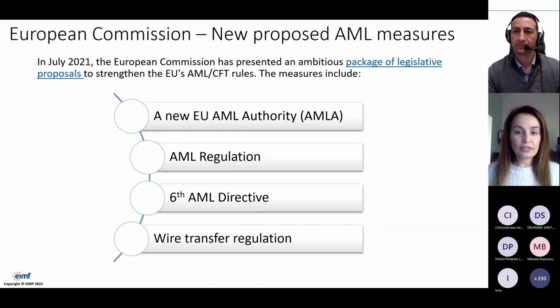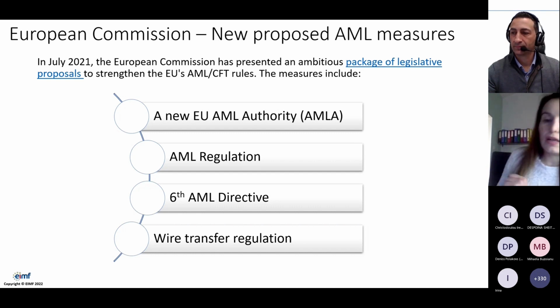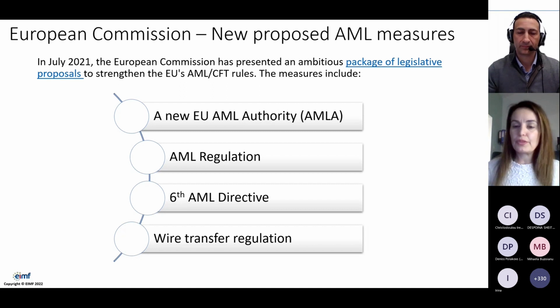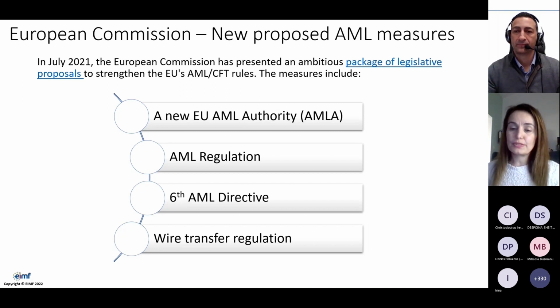This 6th AML directive that they have announced will completely replace the 4th as amended by the 5th. So we will have this 6th AML directive, which will need to be transposed into member states' national law. It allows some room for interpretation for the member states.